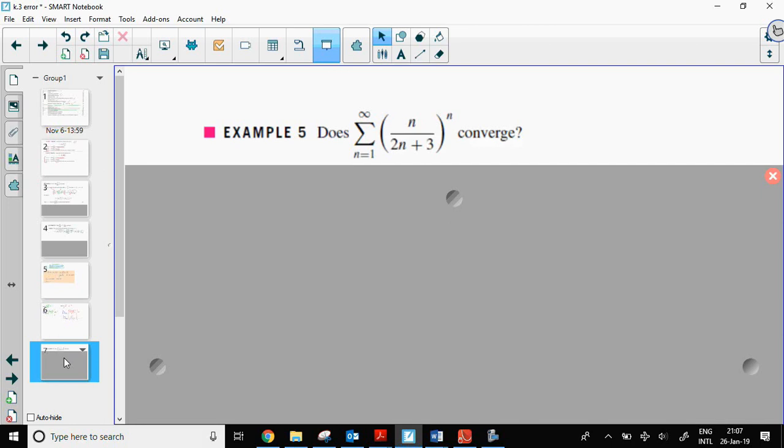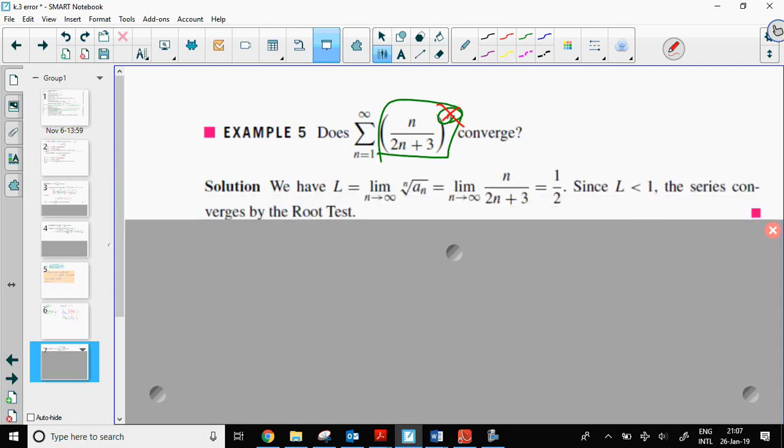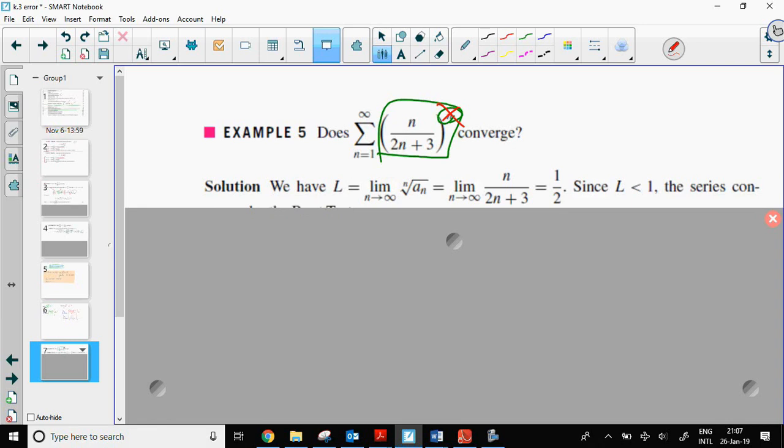The root test, recall, means we're going to take the nth root of the sequence. Taking the nth root of the sequence just means we're not going to use that part. So we're just going to check what's the limit as n approaches infinity of the remaining piece. That's 1/2. That's less than 1.